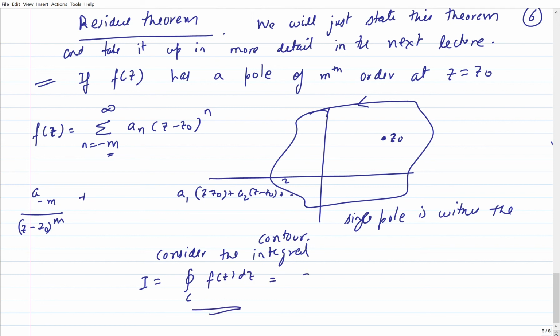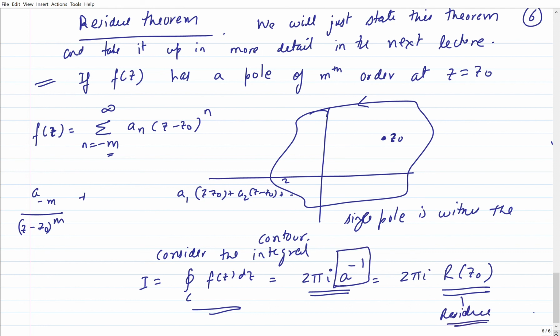The value of this integral is nothing but 2 pi i times the coefficient a minus 1, or nothing but the residue. In essence, that's the residue theorem. So it is nothing but 2 pi i times the residue at z0, the coefficient of this term.